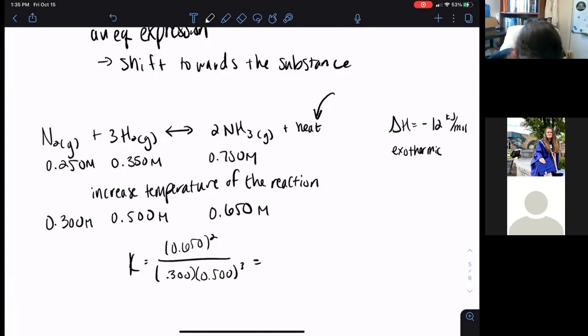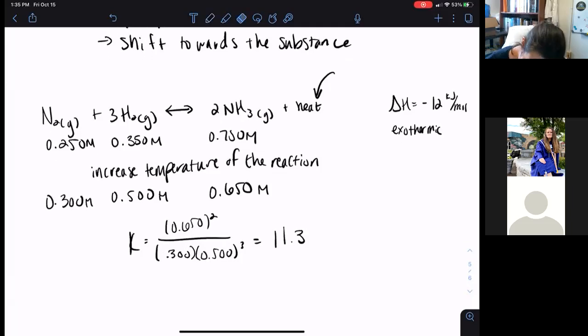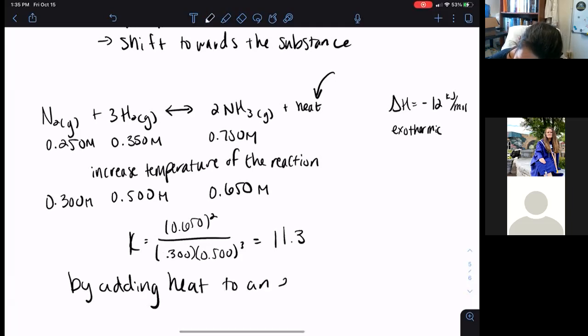Now we get a K value of 11.3. So by adding heat to an exothermic reaction, we decrease the K value.